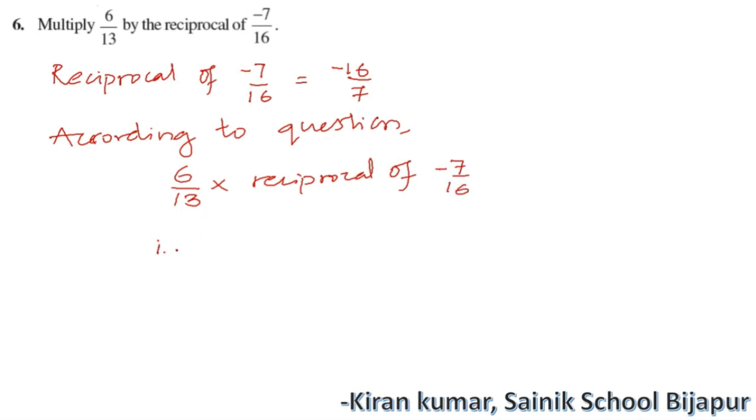That is 6 by 13 to be multiplied with minus 16 by 7. And the product obtained will be negative 96 upon 91. Whenever we do multiplication of rational numbers, we follow the same criteria used for multiplying fractions. That is, numerator multiplied to numerator, denominator multiplied to denominator.